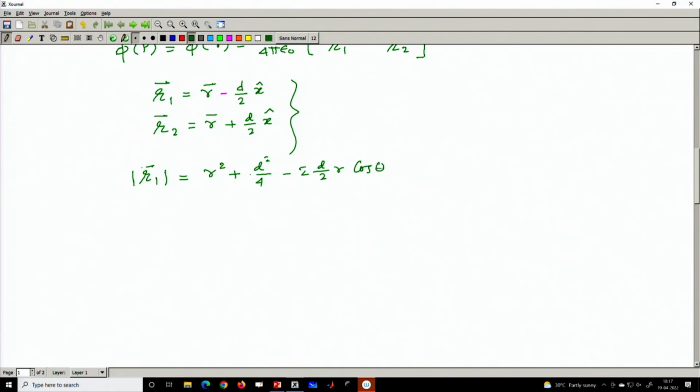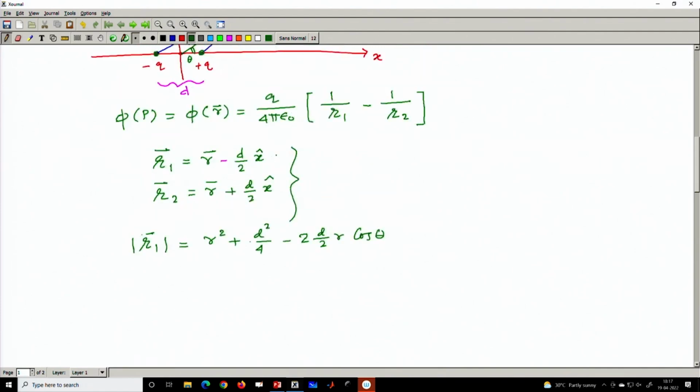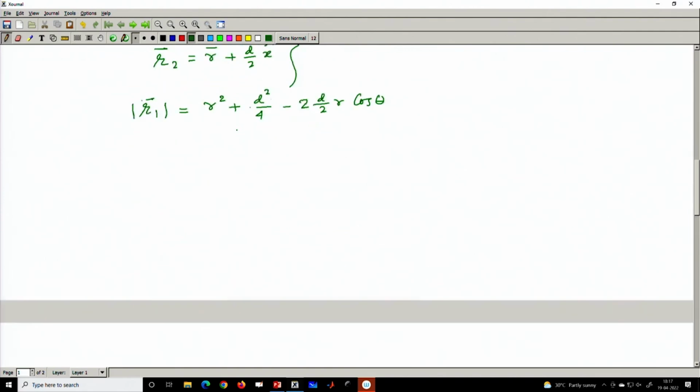This is a very standard way to write down the magnitude of the addition of two vectors when we know the angle between them. In a similar way, I can have the magnitude of R2, which is R square plus d square by 4, and then plus 2 times d by 2 times R and cos theta.